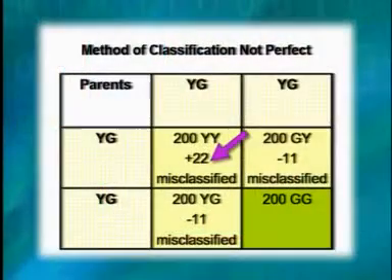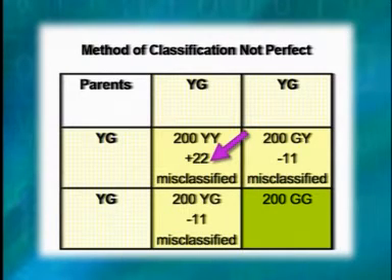But 5% of the time that you started with a heterozygous plant, it should have been misclassified as homozygous. What that means is that Mendel, in doing his experiments in the way he specified, should have misclassified 22 plants that were in fact heterozygous. He should have classified them as homozygous.